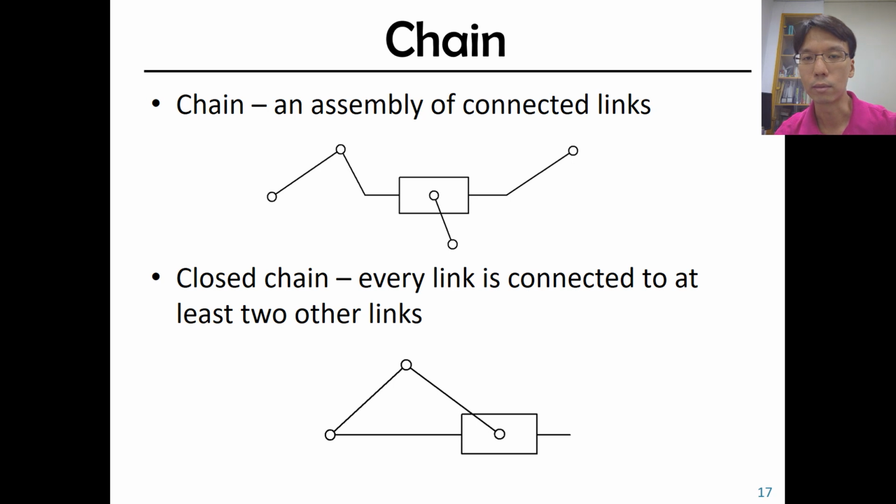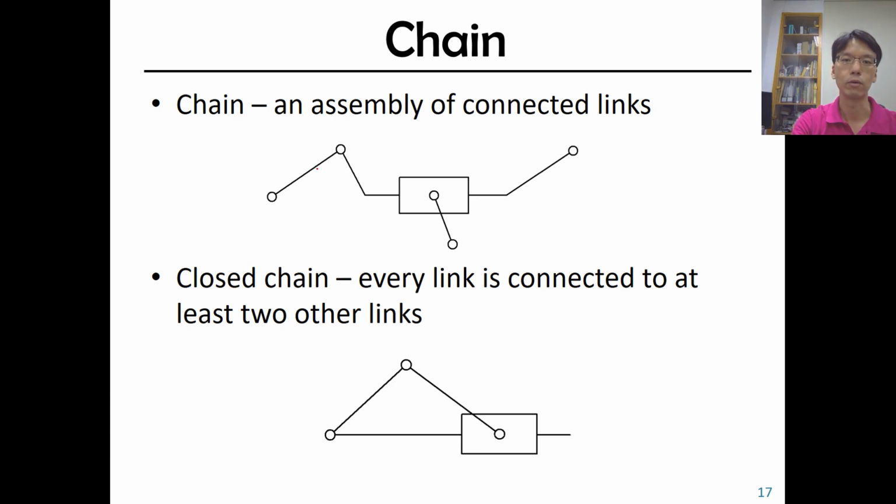Okay, so another new term, that's a chain. We won't use this term quite often, but just to give you an idea what a chain means when you see this term in the textbook. A chain is an assembly of connected links.